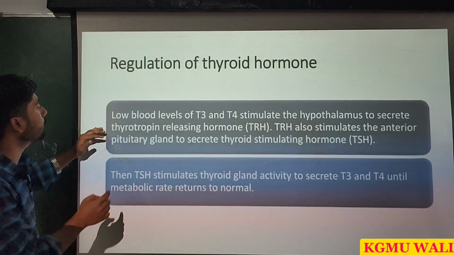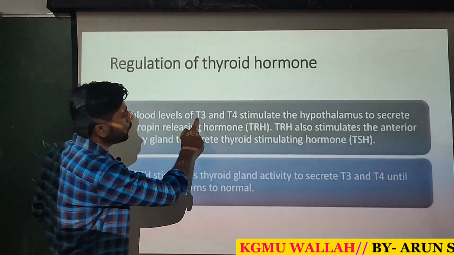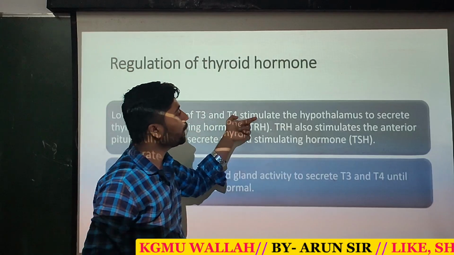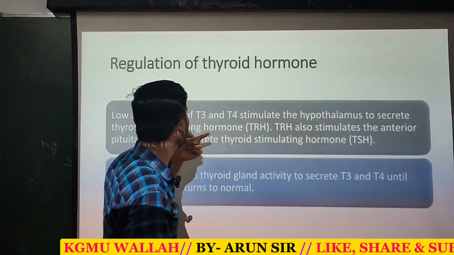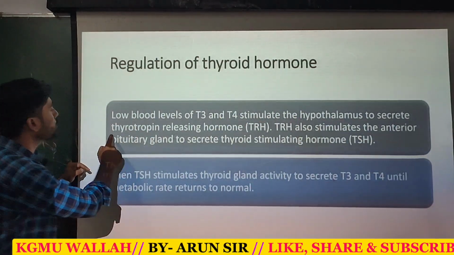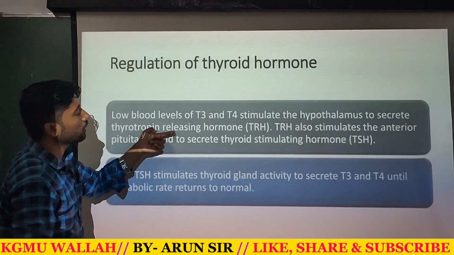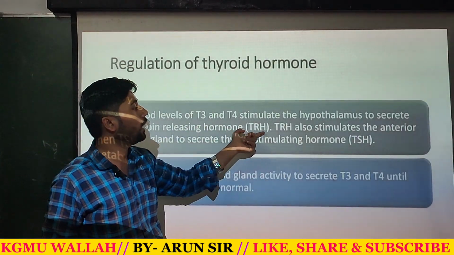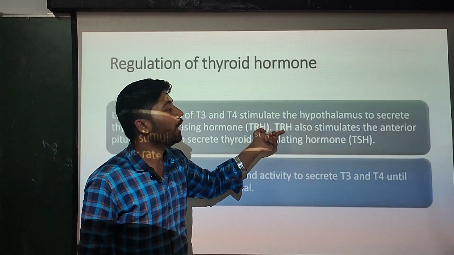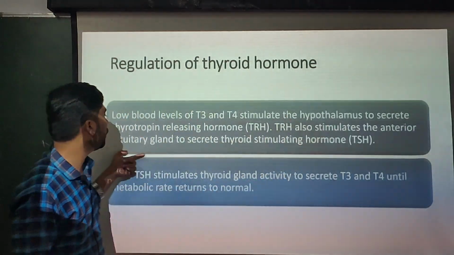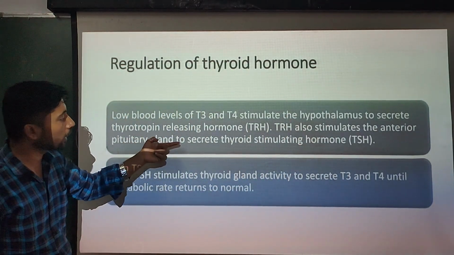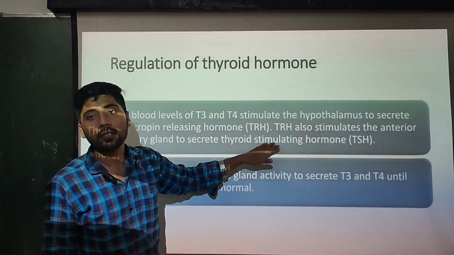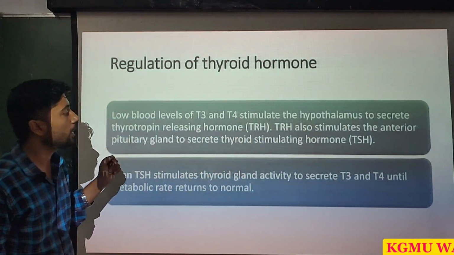So here you can say that low blood level of T3 and T4 stimulate the hypothalamus to secrete thyrotropin releasing hormone, that is TRH. Then TRH also stimulates the anterior pituitary gland to secrete thyroid stimulating hormone, that is TSH.